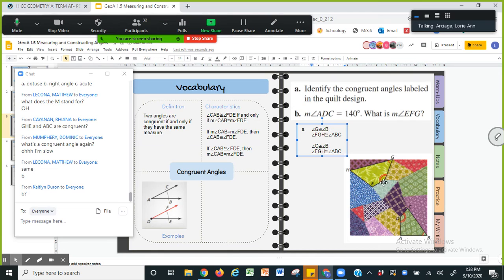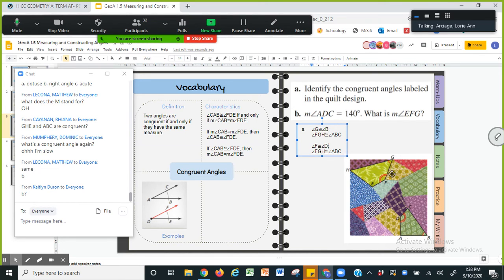Now let's look at the 2 angles with tick marks, with 2 tick marks or arcs. The first one is F, and the partner of F in the other is letter D. So 1, 2 tick marks, and then 1, 2 tick marks.